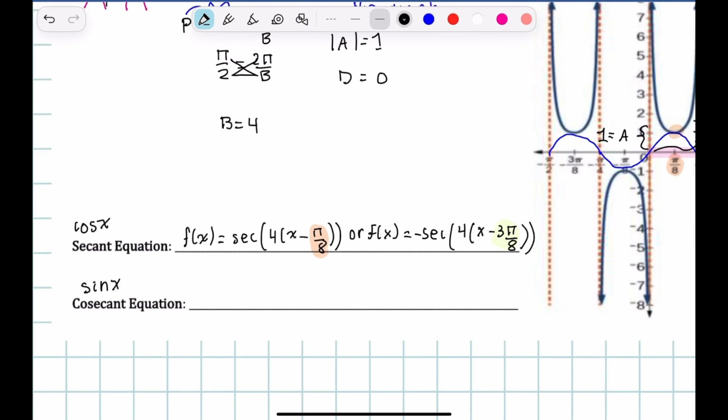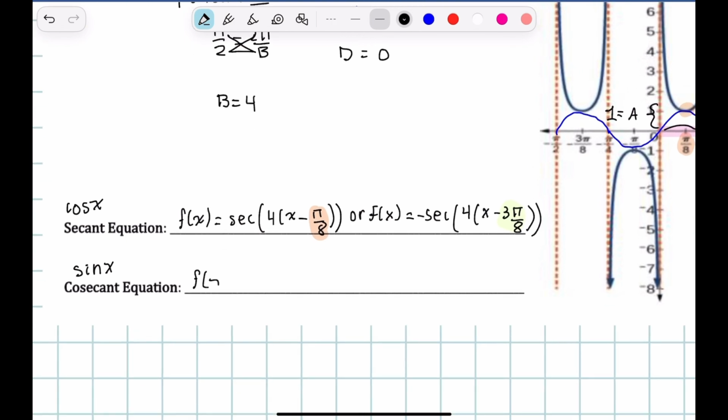And then for cosecant x, this would just be f of x is equal to cosecant 4x, or a variation would be f of x is equal to negative cosecant of 4x minus pi over 4.